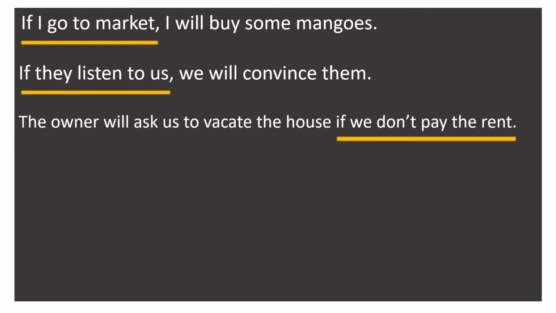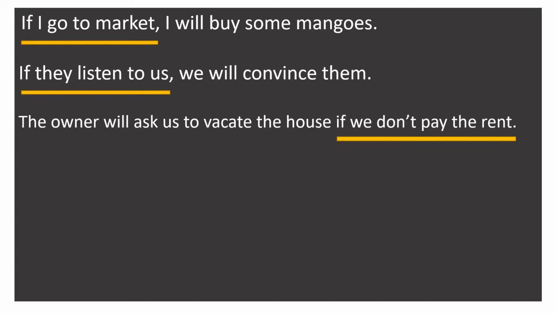And the last sentence. The owner will ask us to vacate the house if we don't pay the rent. When will the owner ask us to vacate the house? Only when we don't pay the rent. If we pay the rent, he will not ask us to vacate the house.